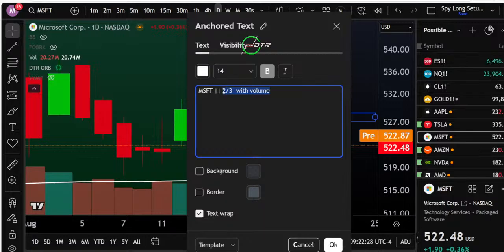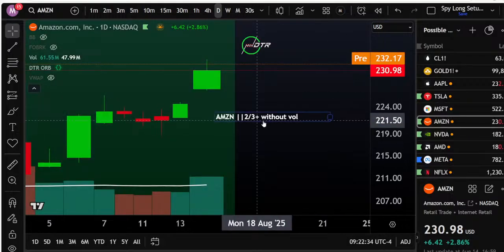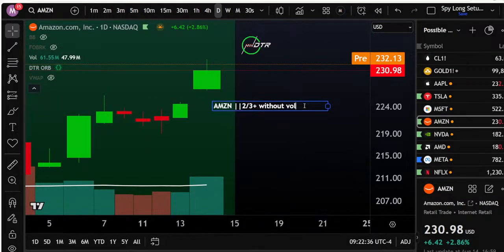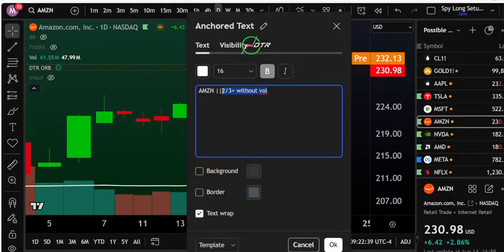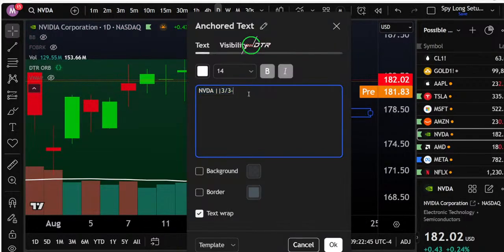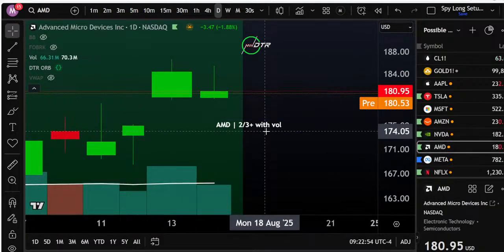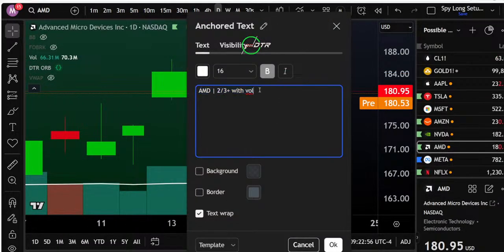Microsoft with the old inside bar. Amazon, old 3 for 3. NVIDIA, inside bar as well. Okay, AMD, inside bar. Man, we're flying through this today.